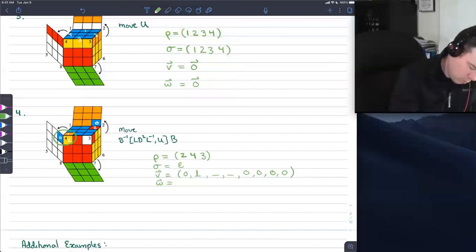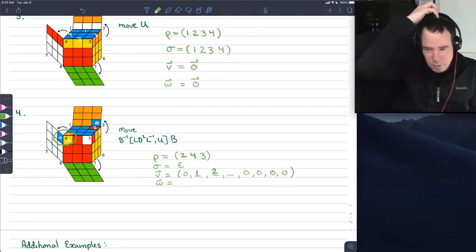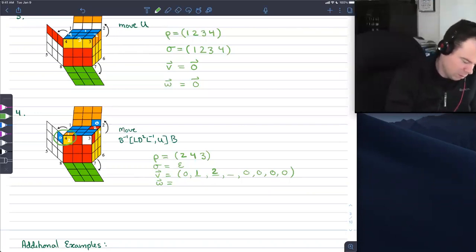So that's a 2. And then what number is on the final sticker? That's now corner QB4, which is currently in position 3. The blue sticker is in that position, so it's a 0. And so that's a 0 up there.